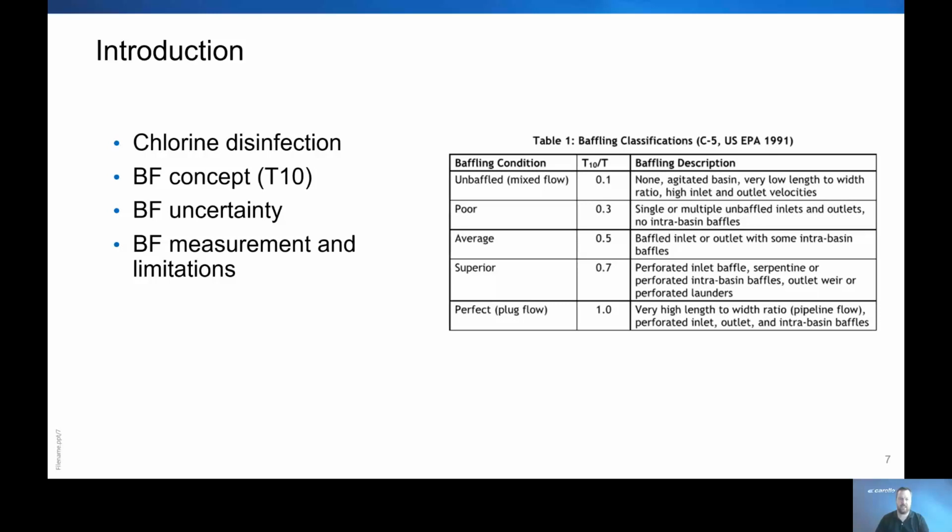US EPA's got a table that they publish with 5 levels of baffling and the T10 for those, with some description, but it can be hard to look at geometry and know ahead of time exactly where it's going to fall on this. There's certainly uncertainty in very non-standard designs that are sometimes used, and then some discussion on baffle factor measurement and limitations.